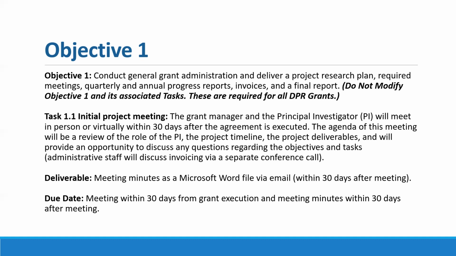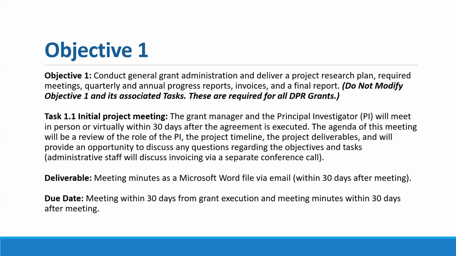The deliverable associated with this task is going to be meeting minutes as a Microsoft Word file via email within 30 days of the meeting occurring. That due date will be 30 days from grant execution for the meeting to occur, and then the meeting minutes within 30 days of the meeting.